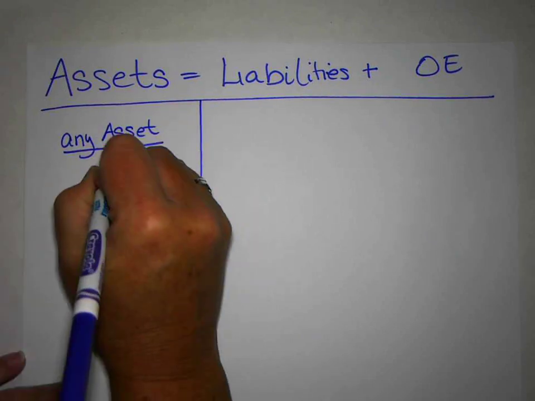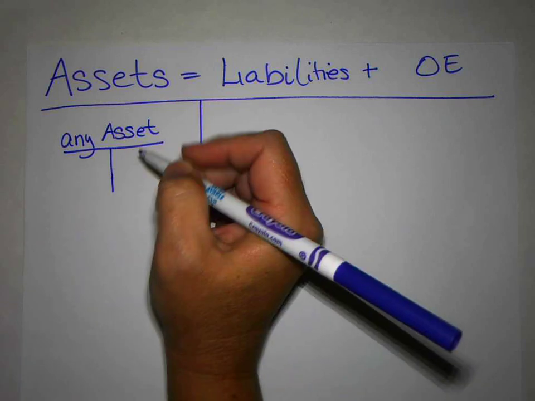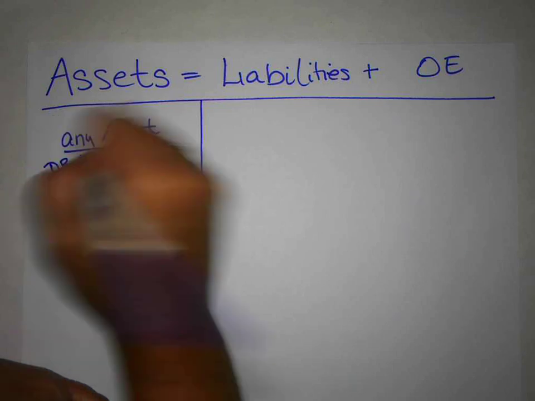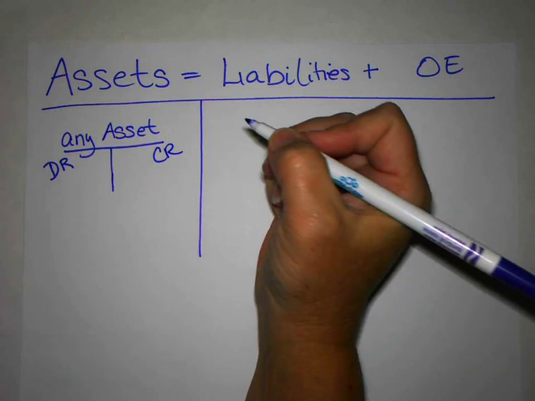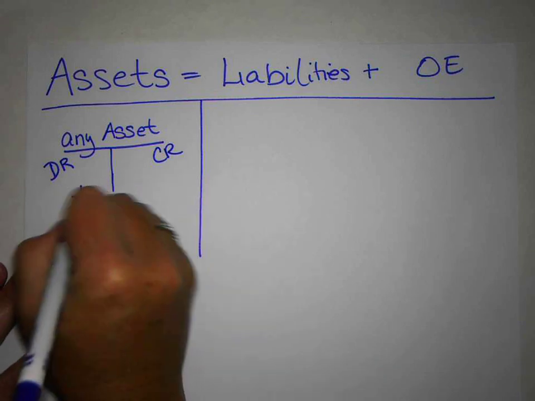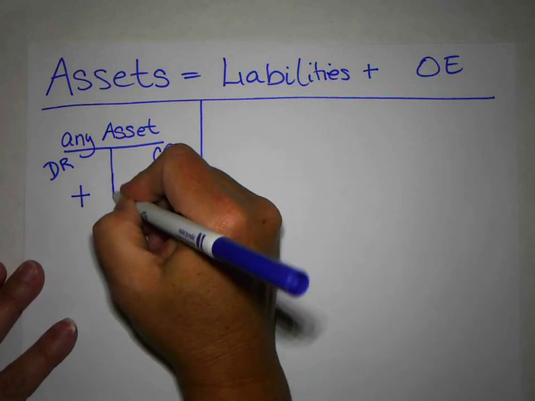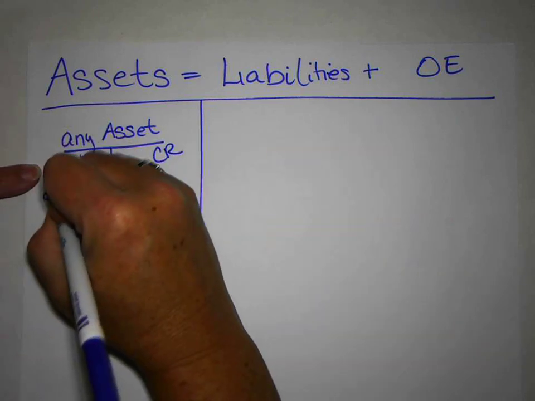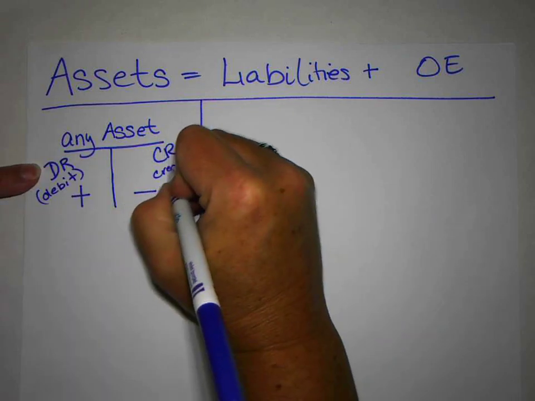Okay, so for any asset, the T account for any asset, cash, insurance, supplies, whatever it is, is going to have a plus on the debit side and a minus on the credit side. So this is debit and this is credit.